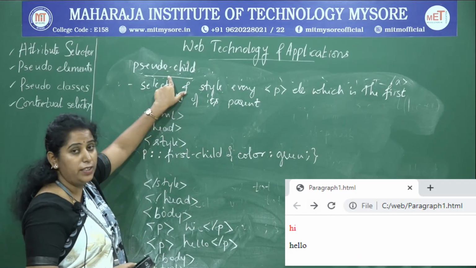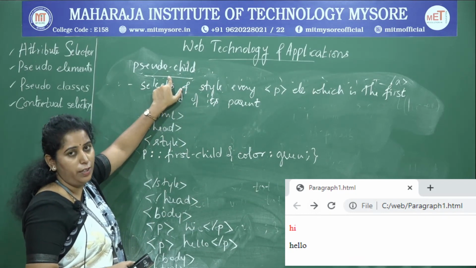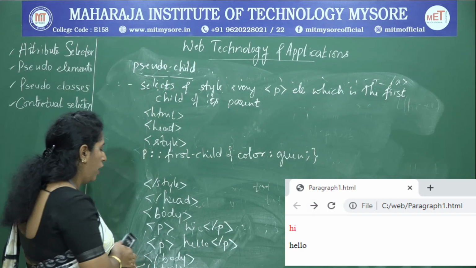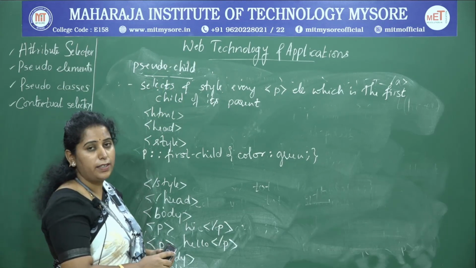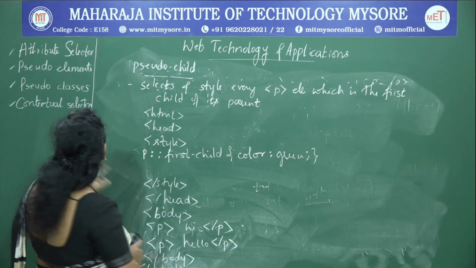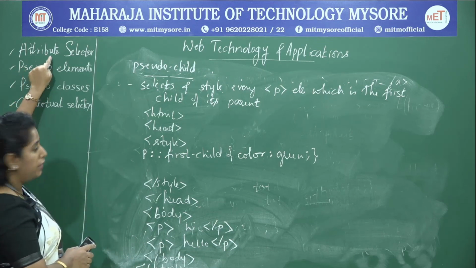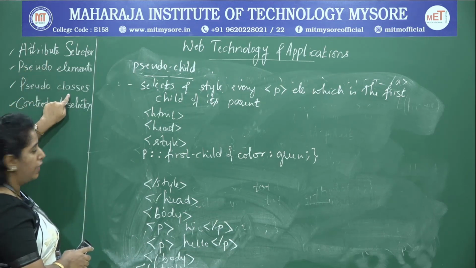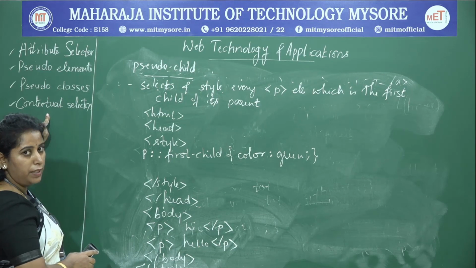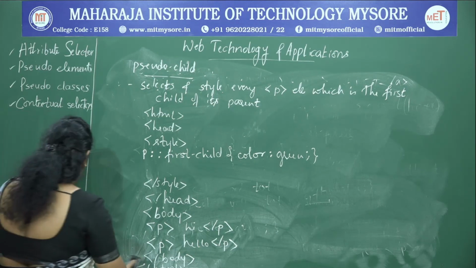This is what the first-child pseudo class does. Okay. Now we will move on to the next topic, contextual selectors. I have completed attribute selectors, pseudo elements, and pseudo classes.